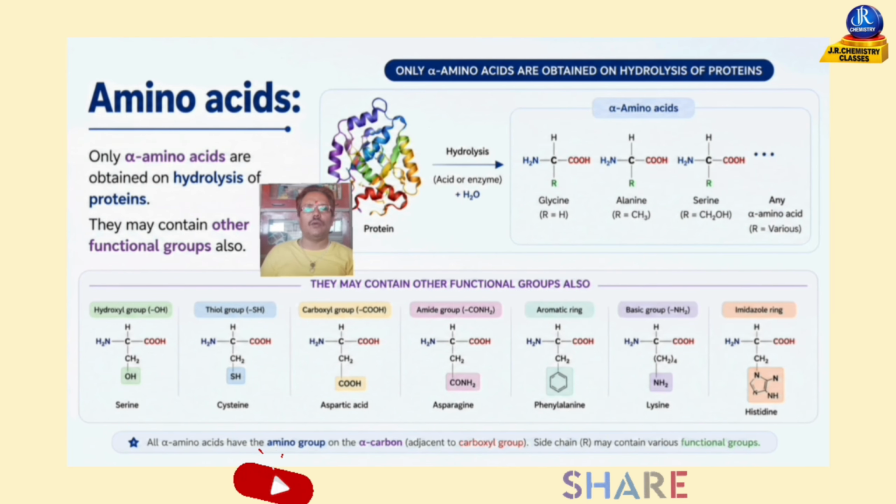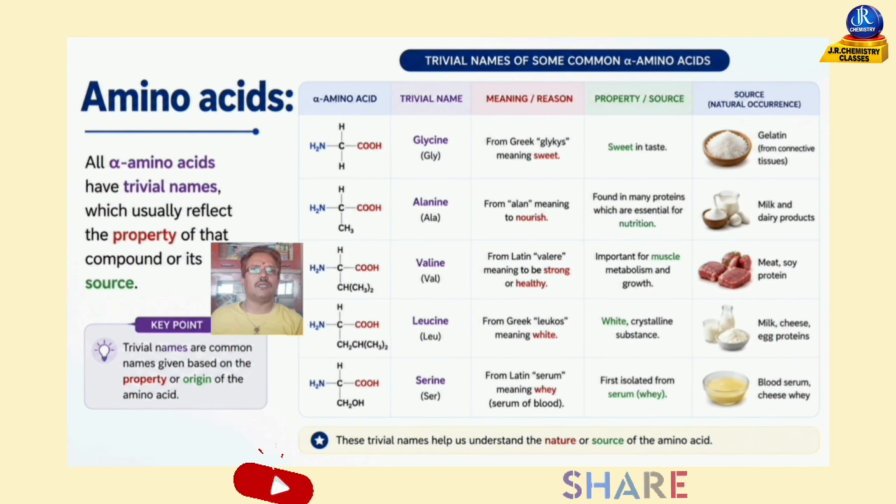Only alpha amino acids are obtained on hydrolysis of proteins. They may contain other functional groups also. All alpha amino acids have trivial names which usually reflect the property of that compound or its source.